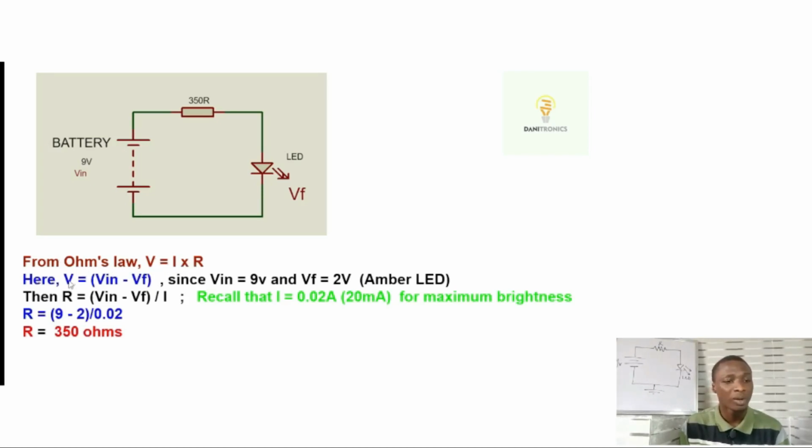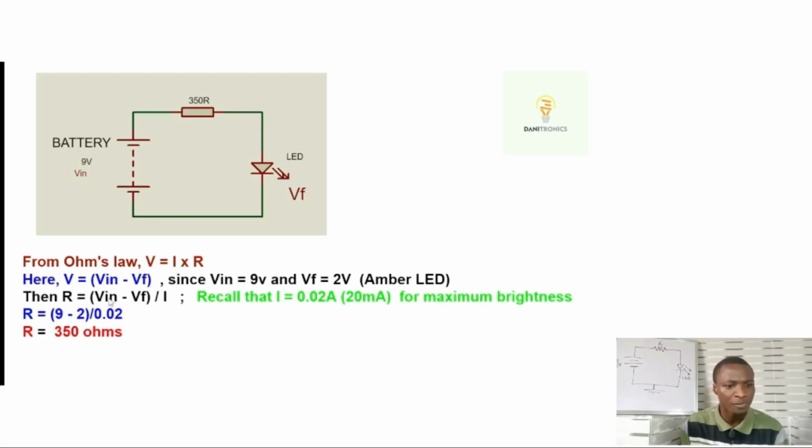Here, the V that we have is actually this V in minus this VF. And our V in is 9 volts. Our VF is 2 volts, considering the amber colored LED. So if V is equal to I times R, then R is equal to V divided by I. That's just normal algebra.